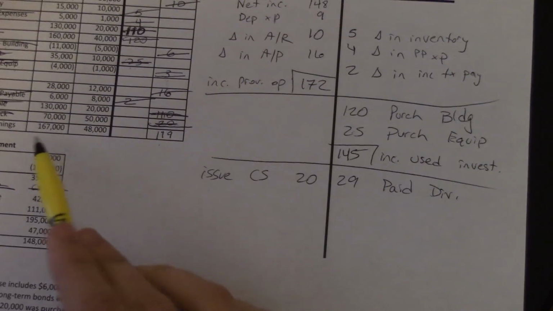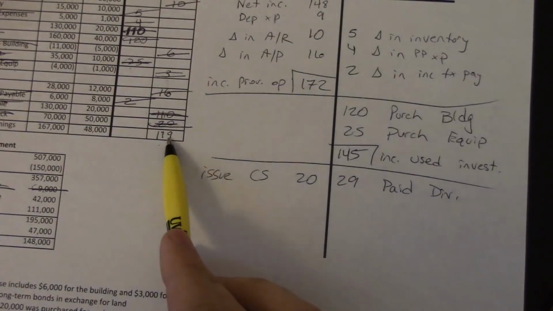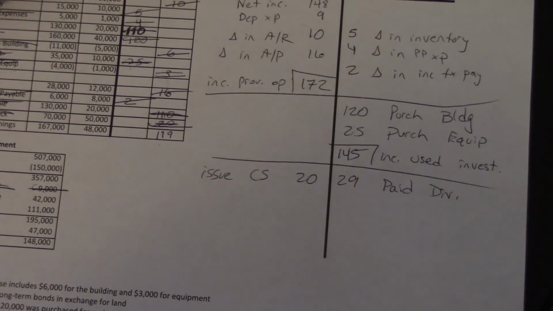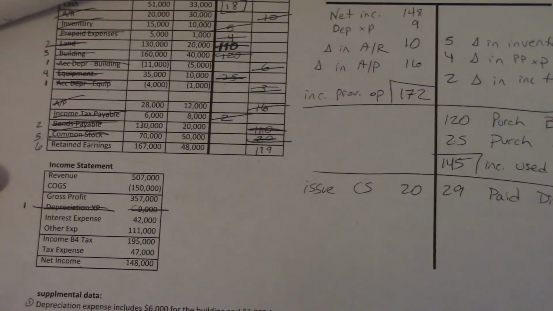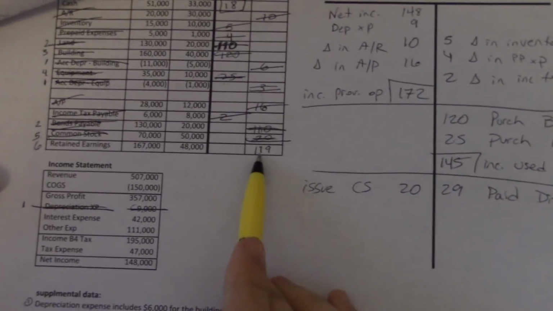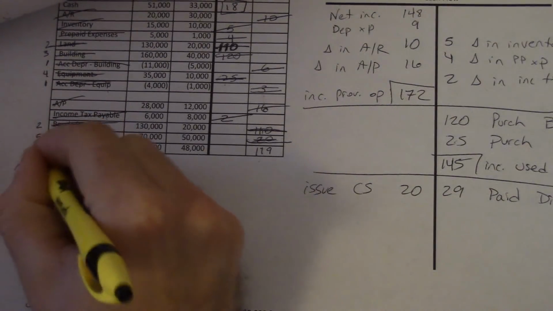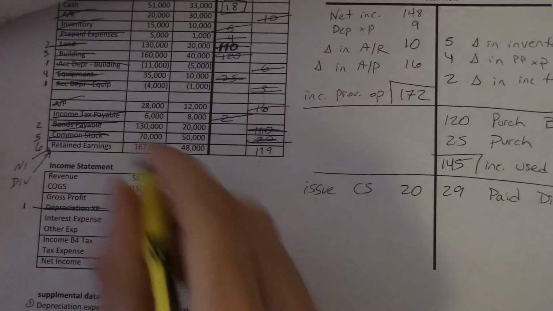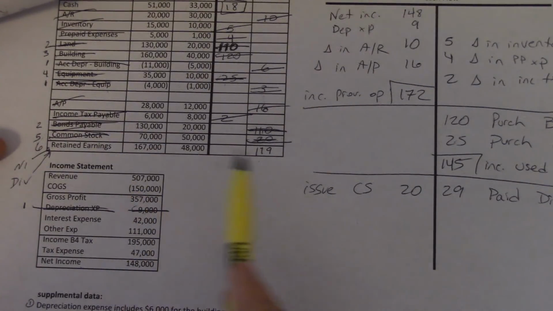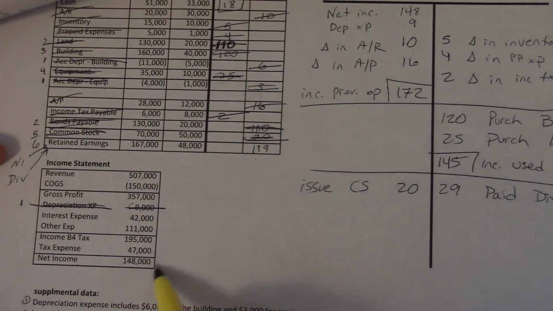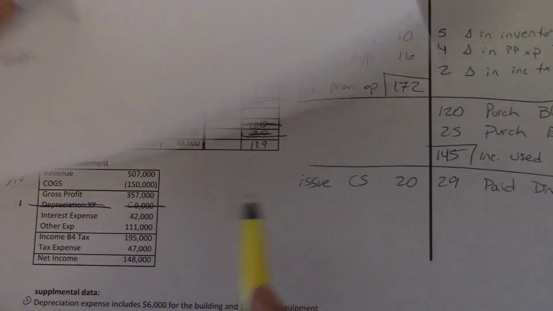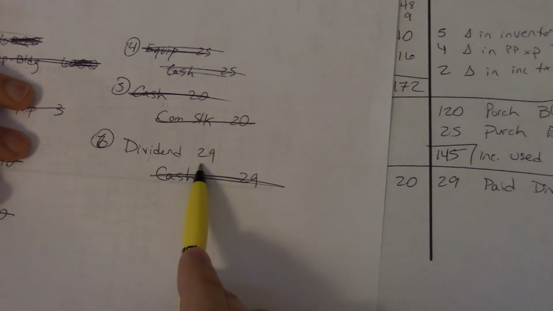And going back to retained earnings, an increase of 119. Now let's try to explain that. What goes into retained earnings? Net income and dividends. So net income increases retained earnings, dividends decreases retained earnings. Here we've got net income of 148, and we've got dividends of 29.